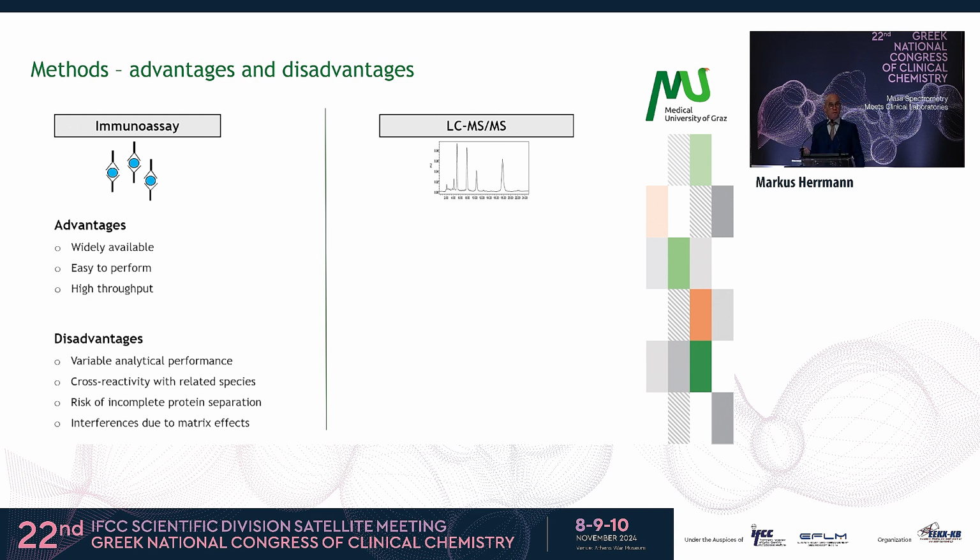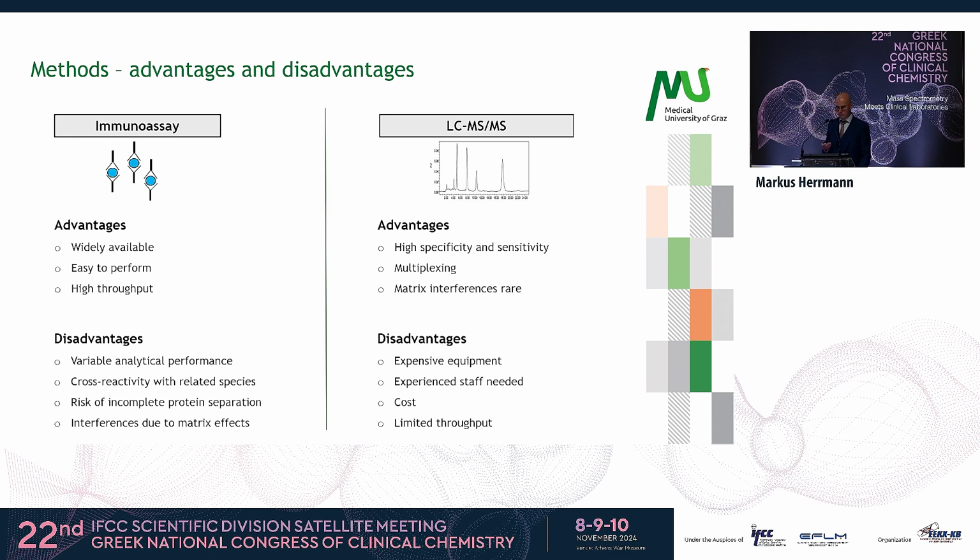They often cross-react with chemically related steroid species. There is a risk of incomplete protein separation, especially in specific patient populations, and they are often subject to matrix interferences. Now, LC-MS/MS offers high sensitivity and specificity, allows multiplexing, and interferences or matrix interferences are rare, but you need expensive equipment and highly qualified staff, which increases your cost, and sample throughput is still limited.